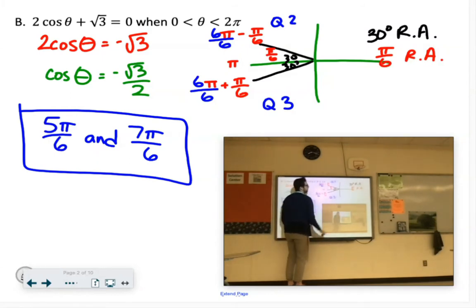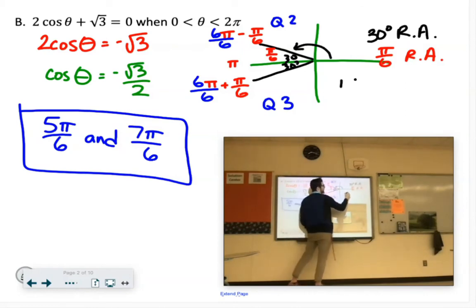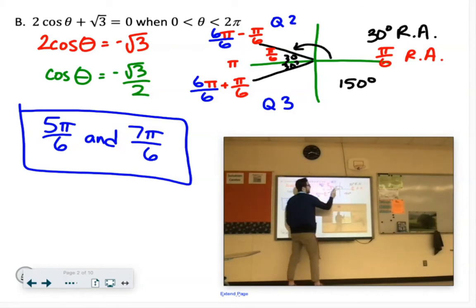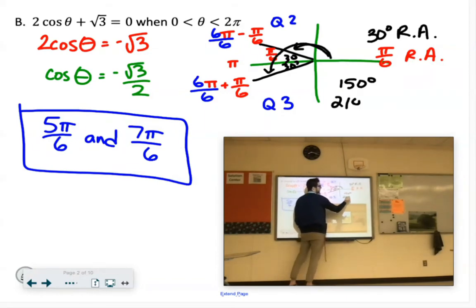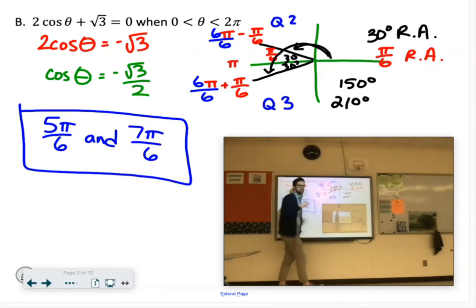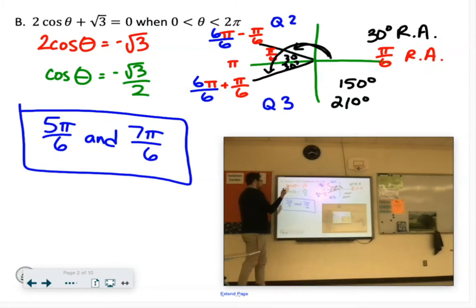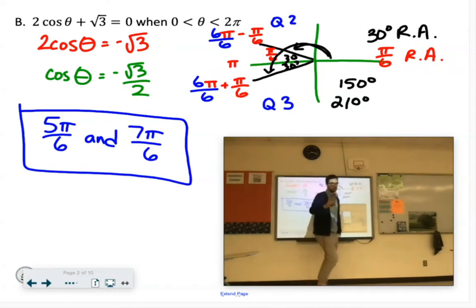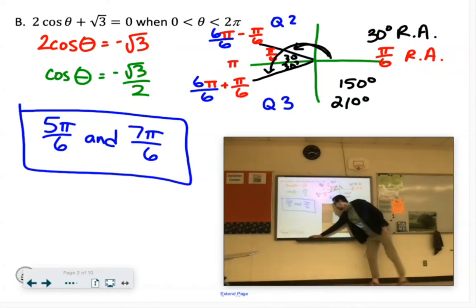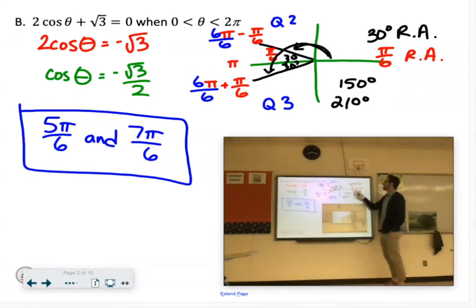So a 30-degree reference angle in quadrant 2, 180 minus 30 would give you 150 degrees. 180 plus 30 would give you 210 degrees. And then you would just need to convert those into radians. And honestly, if I was doing that, which is fine, these both have a 30-degree reference angle of pi over 6.